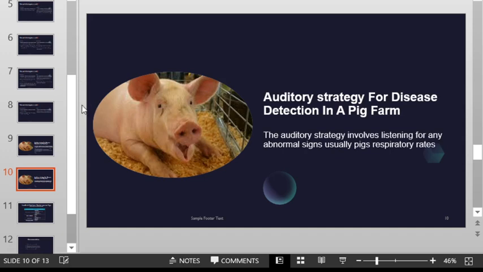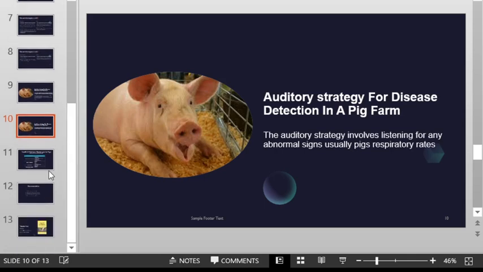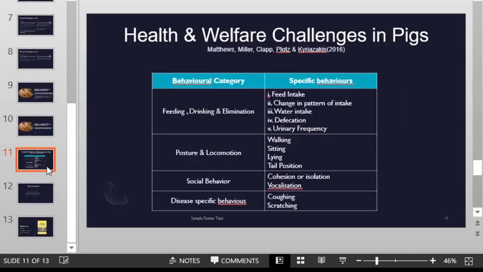So this isn't a very long course. We've come to this. Matthews, Miller, Clapp, Plotz, and Kiriazakis in 2016 simulated some of the health and welfare challenges of pigs. So with feeding, which is a behavioral category, when the animal is sick, you discover the animal reduces the feed intake.